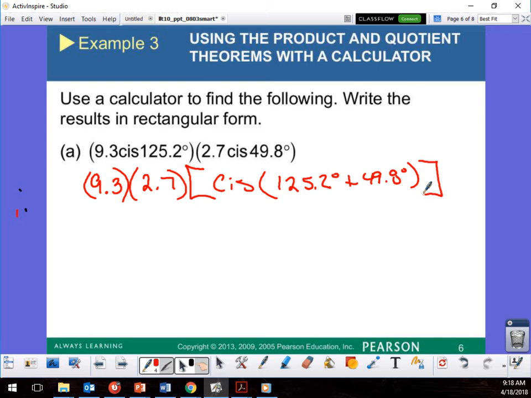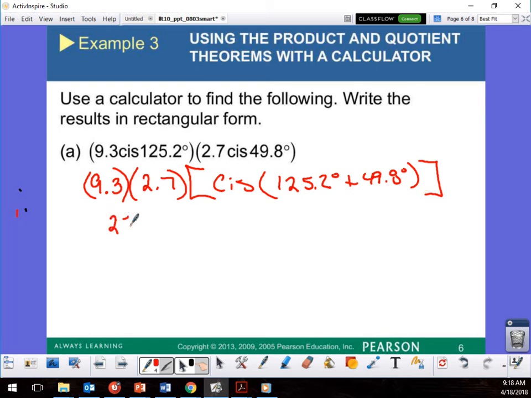Okay, so plug it in. We're not plugging all of it in. We're just plugging this one right here in. So 25.11.